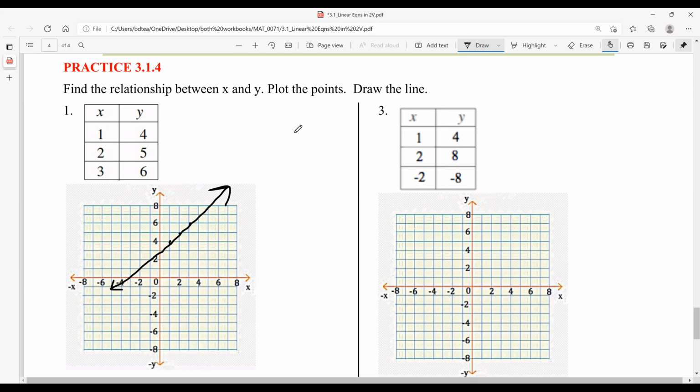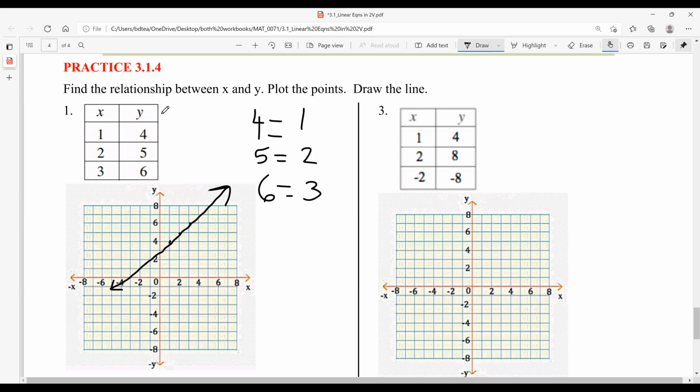So let's look at the relationship. All the y values are 4, 5, and 6. That's the output. And the x values are 1, 2, and 3.